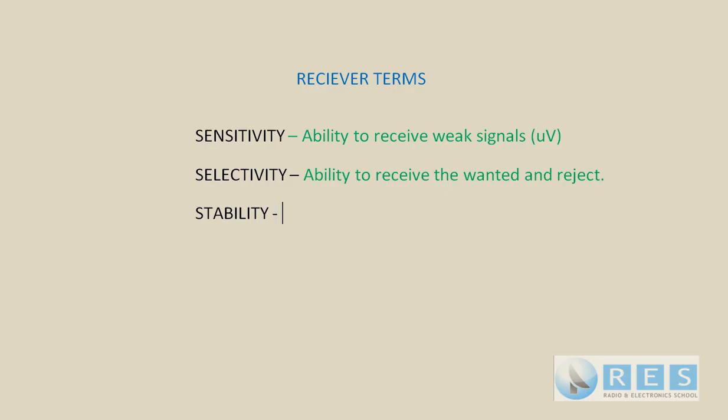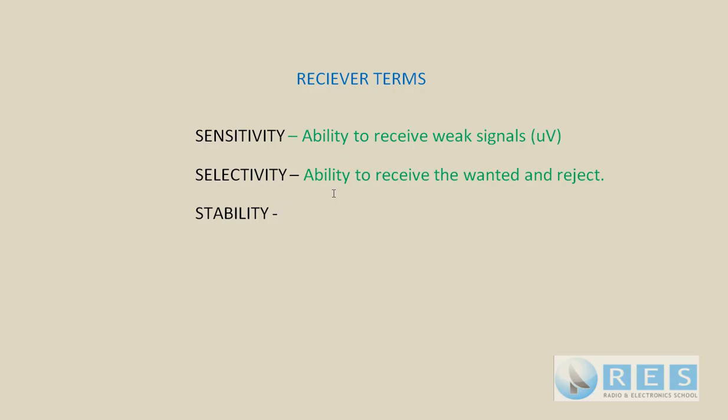And lastly, we have stability. When we tune a receiver to a frequency, for example 14.2 megahertz, if we went away and made a cup of coffee or something, we'd expect to come back and find that receiver still tuned to 14.2 megahertz exactly. If a receiver doesn't have stability, it's usually due to the oscillators moving in frequency as they heat up.